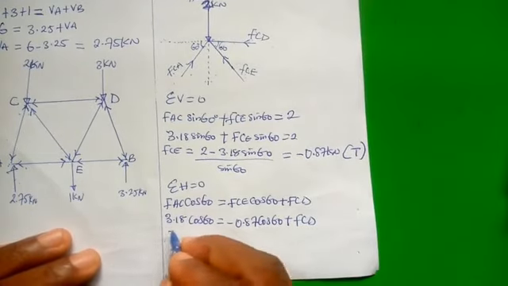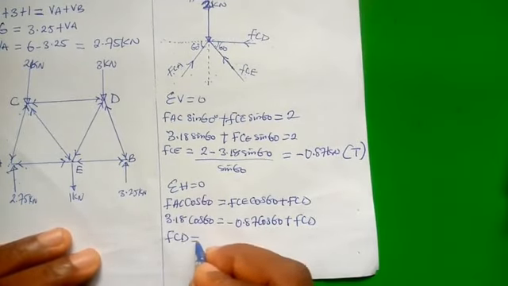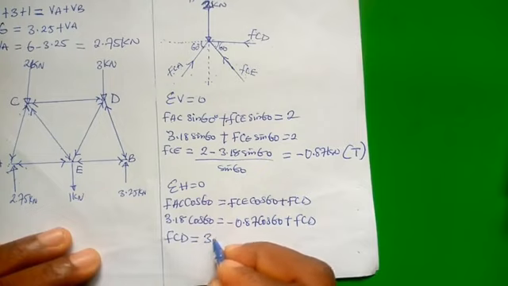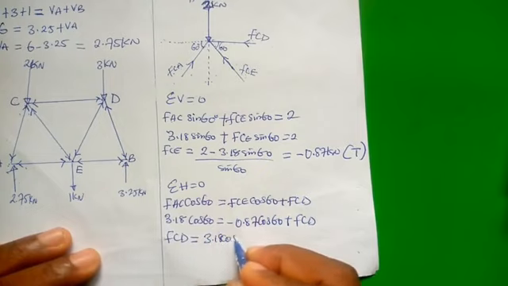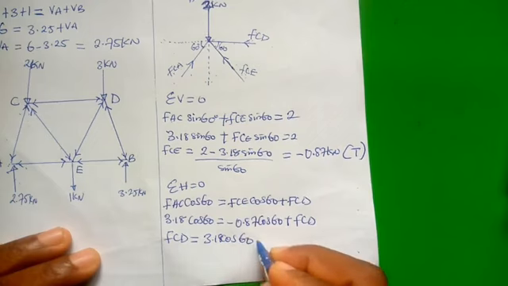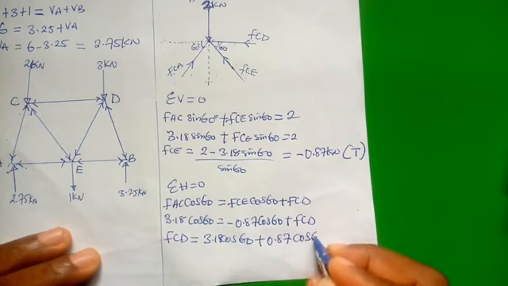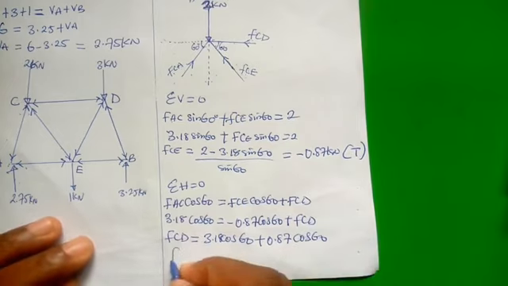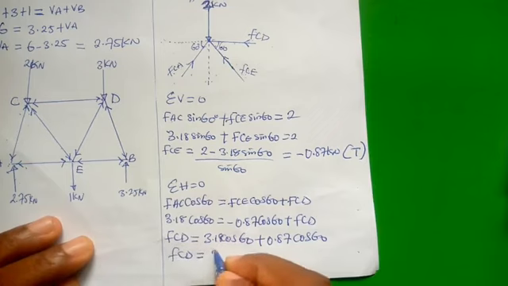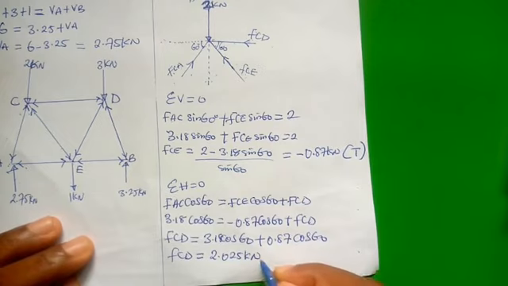So we have that FCD is equal to 3.18 cos 60 plus 0.87 cos 60. Our FCD will be equal to 2.025 kilonewton. This is positive, so it's compression.